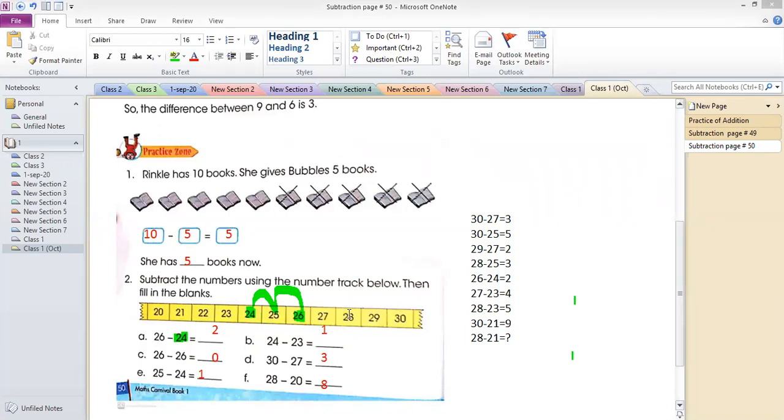Again, I start. This is 28. 1, 2, 3, 4, 5, 6, and 7. So you need to minus 7. You need to go 7 steps back in order to reach 21. So 28 minus 21 equals 7.